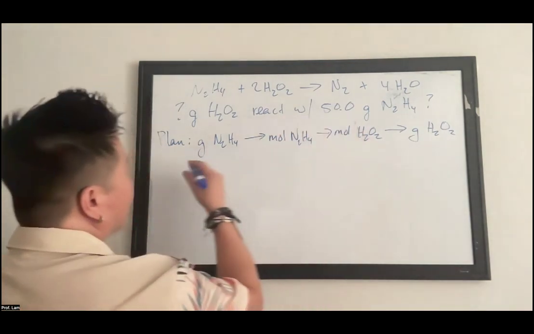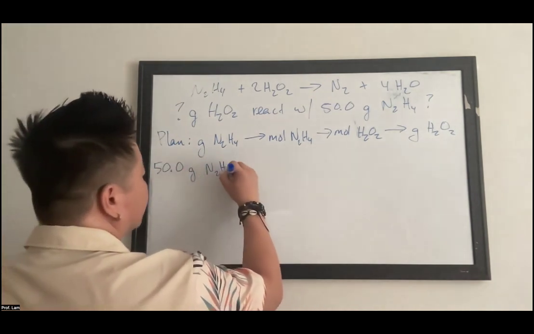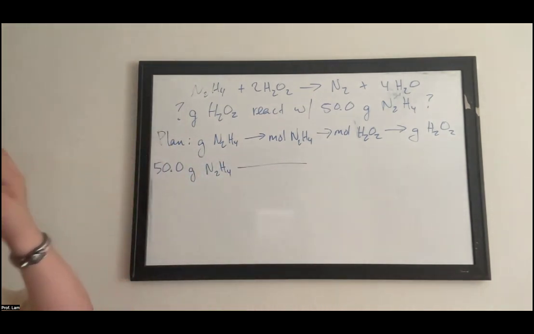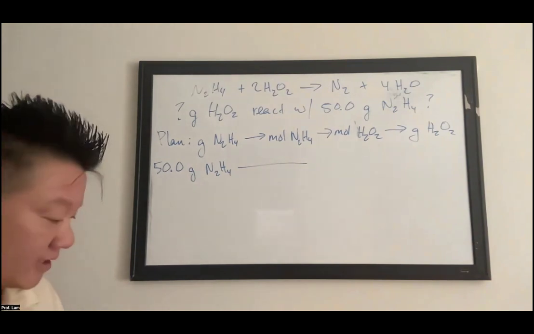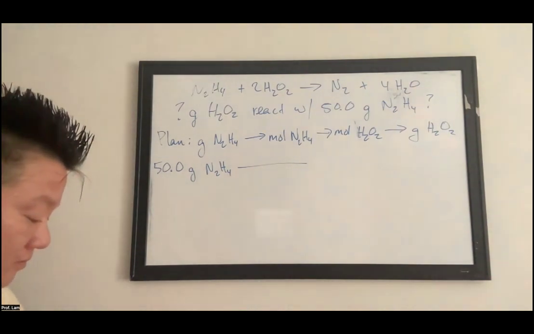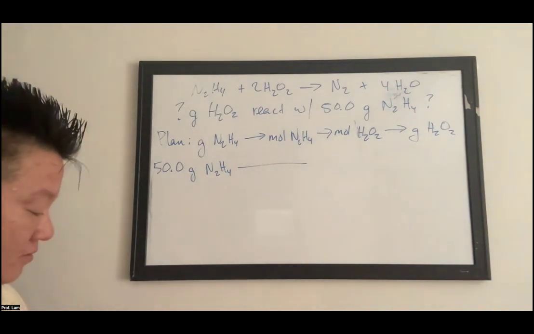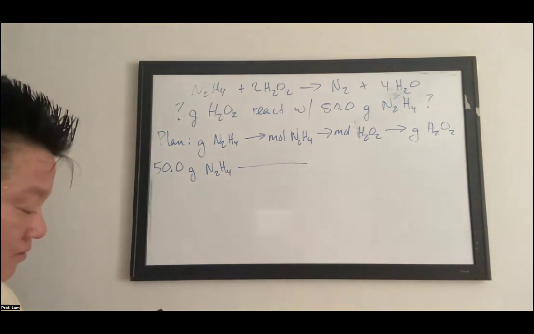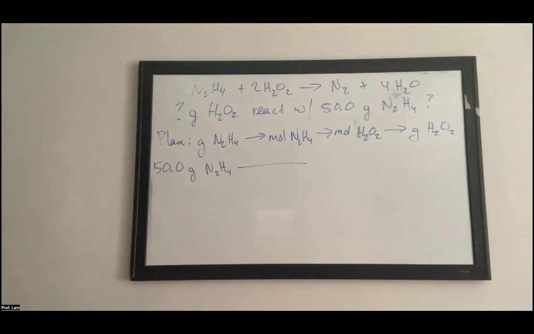So we start with what we're given, which is 50.0 grams of N2H4. Then we need to get to mole, so we need the molar mass of N2H4. Let's quickly calculate that. So 32.05 grams per mole.